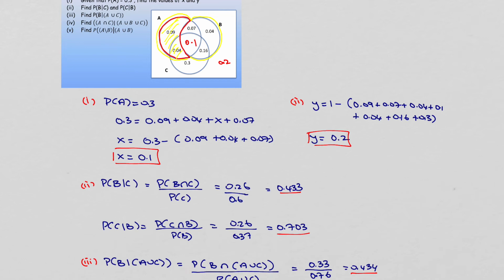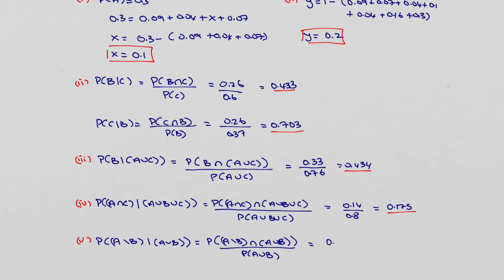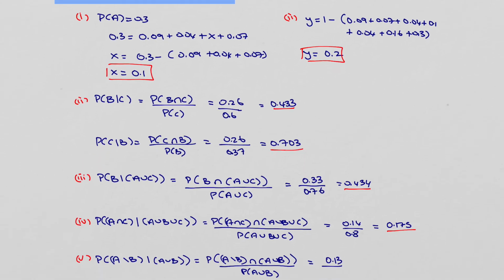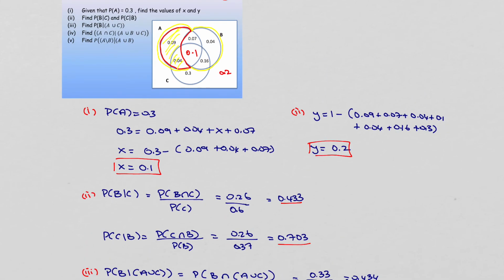No, sorry, 0.13 I should say. And then over A union B, well, A union B is everything in the yellow there, which is 0.5. And therefore 0.13 divided by 0.5 is 0.26. So always marking on your Venn diagrams, as I have done, makes it a lot easier to figure out exactly what it is that you're looking for.